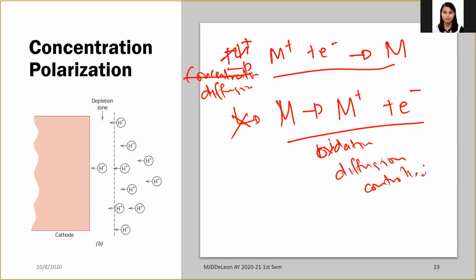Kasi mas stable yung solid state ng metal. Not really. Kasi may ions, sir. Ions yung reactants mo sa cathode. Ions yung nagde-diffuse, sir. Pag metal ka, sa cathode, solid ka lang. Okay. Tapos? So, ano meron kung ions ka lang, Mon? Malapit ka na, Mon.